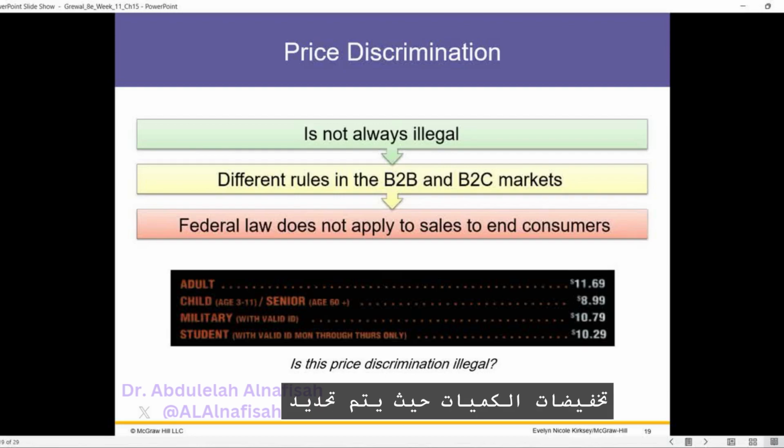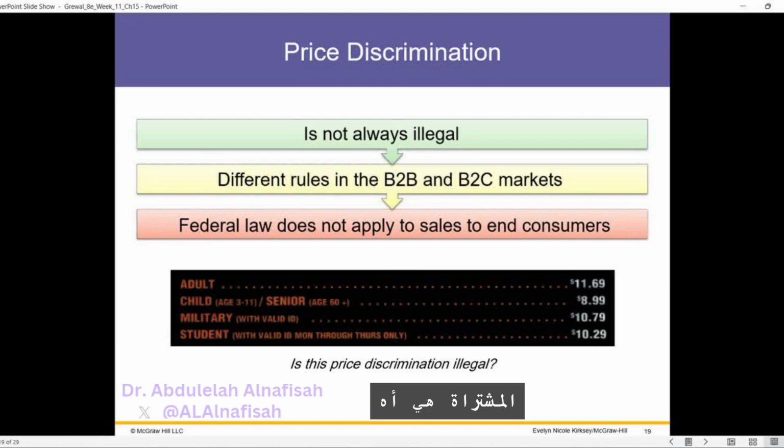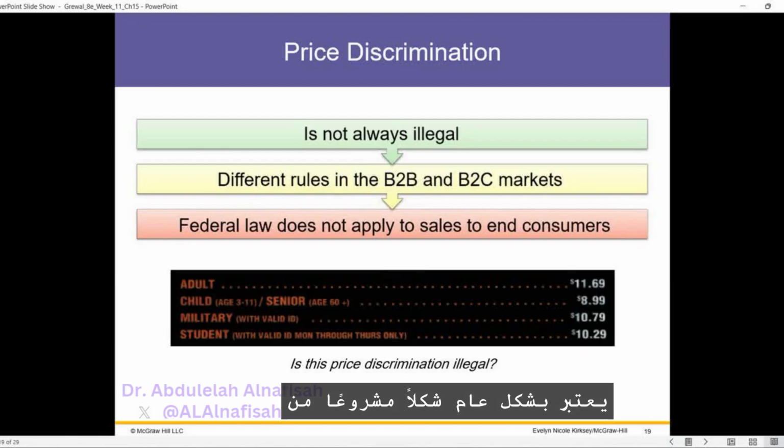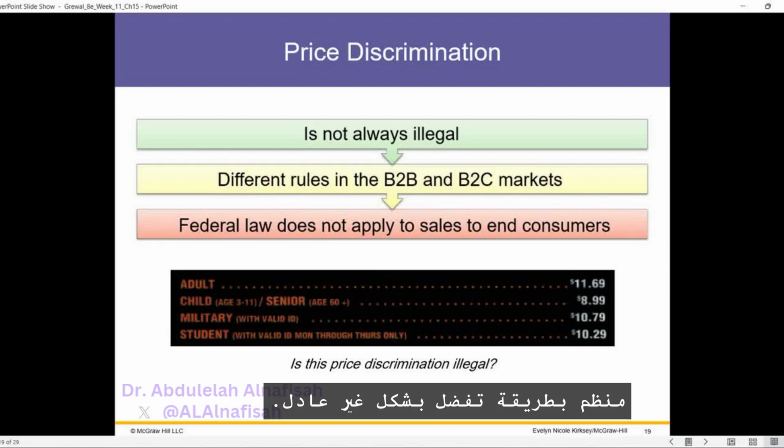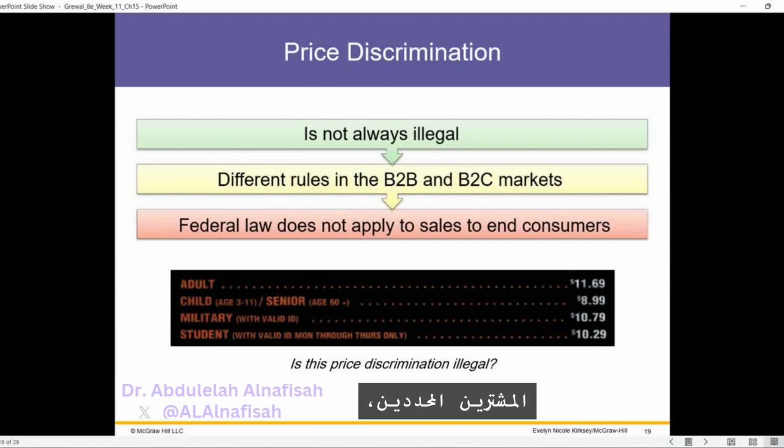Quantity discounts, where different prices are charged based on the quantity purchased, are generally considered a legitimate form of price discrimination. It is commonly accepted that selling and servicing a larger quantity to a single customer can result in lower costs per unit, as long as quantity discounts are available to all customers and are not structured in a way that unfairly favors specific buyers.